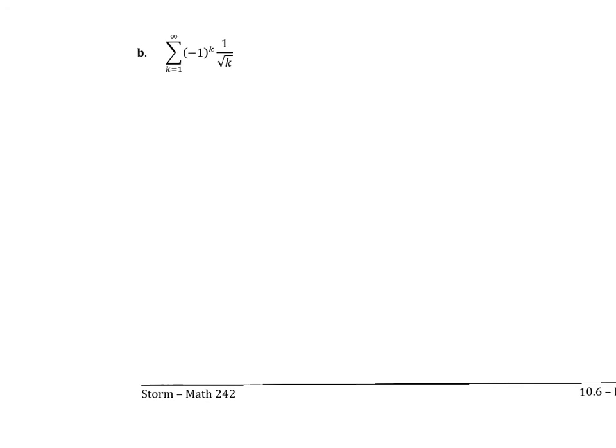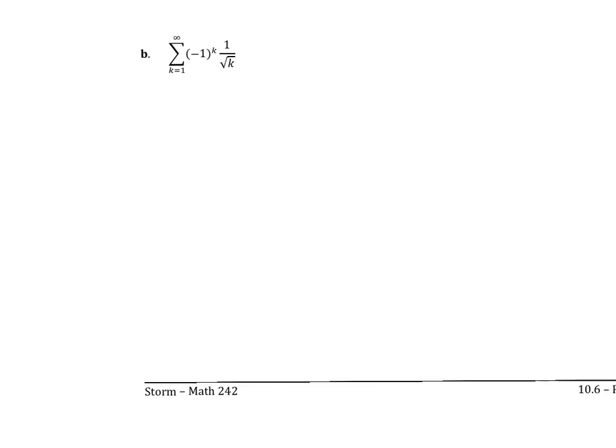Let's look at another example. I have this series, it's alternating, and I want to determine if this series converges absolutely, converges conditionally, or diverges. For me, it's easier to see if this series converges if I rewrite this as 1 over k to the 1/2.